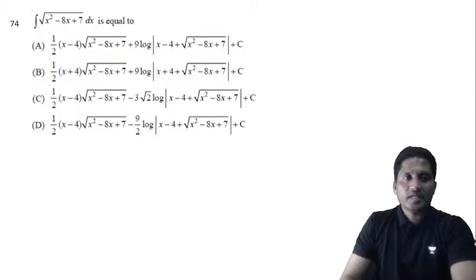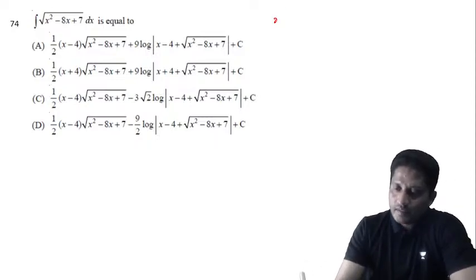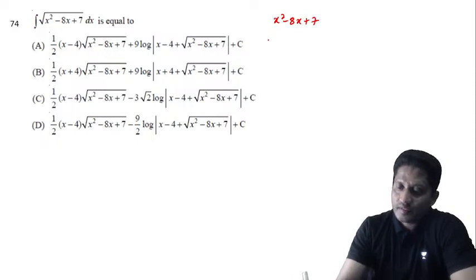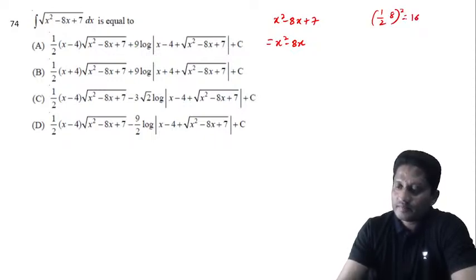Okay, even this is completing the squares only. X square minus 8x plus 7. This can be written as x square minus 8x. Add and subtract half of coefficient of x the whole square, which is equal to 16. I'll add 16, subtract 16 plus 7.